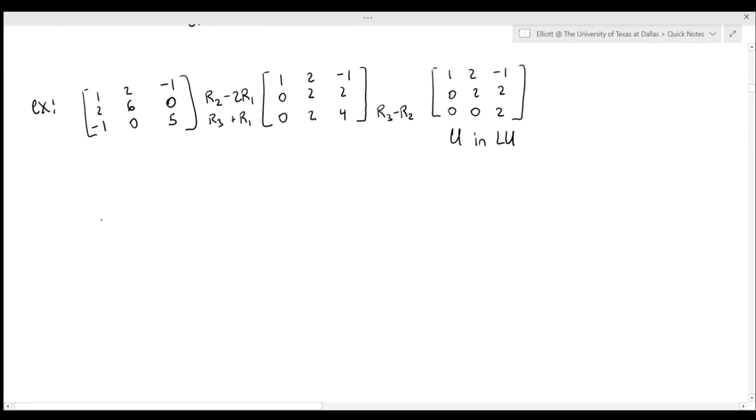Now remember that to get the L, it's a lower triangular with 1s on the diagonal.